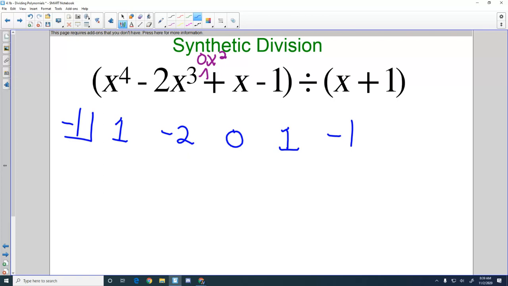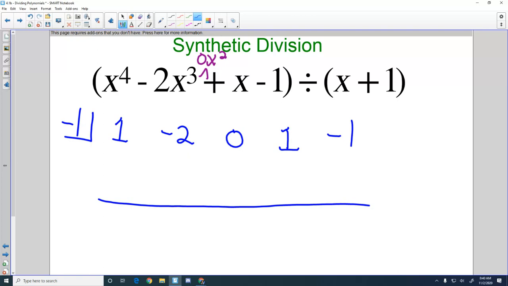Everyone okay so far? Where we got all those numbers from? Just in front of all the variables. Now, very important step right here. Are you ready? Skip a space and then draw a horizontal line. Make sure you skip a space. We're going to be writing stuff on that line. Skip a space.